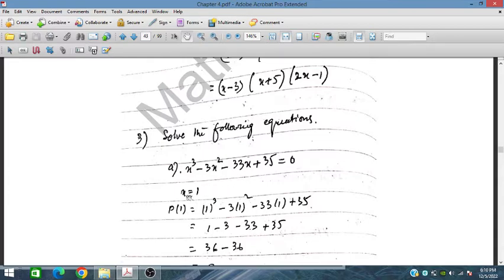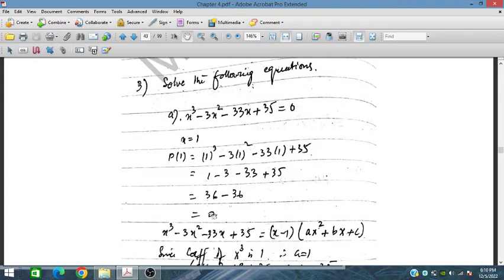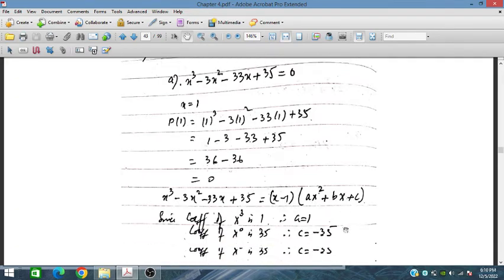So x is equal to 1. So this x equal to 1 is placed in this polynomial, and we have obtained the 0 remainder. So x equal to 1 is one of the solutions. So this polynomial may be written like this, and the remaining is written as ax square plus bx plus c, because we can also obtain this by dividing this polynomial by x minus 1, but this is the substitution method.